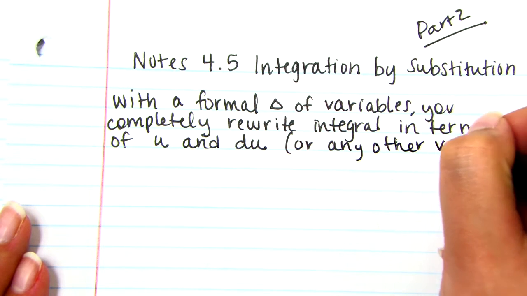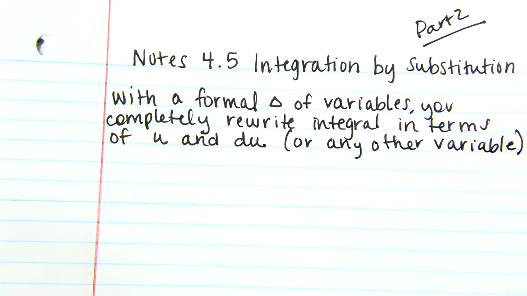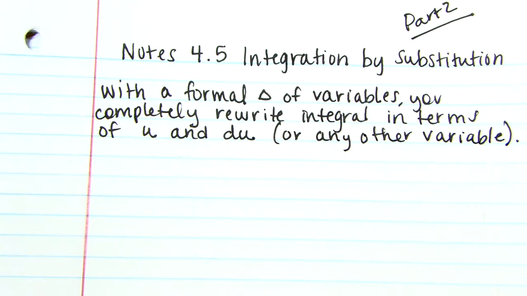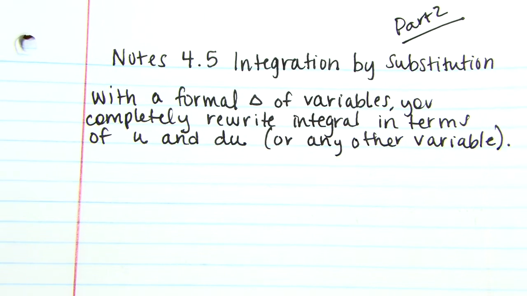You could use the t that we have been working with, but that's less popular, and so especially for those of you on the AP exam, they're going to use u.